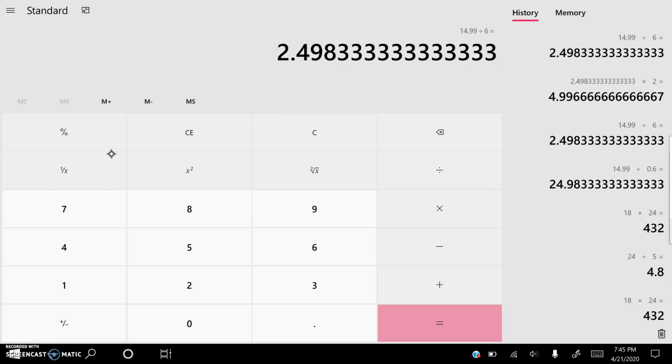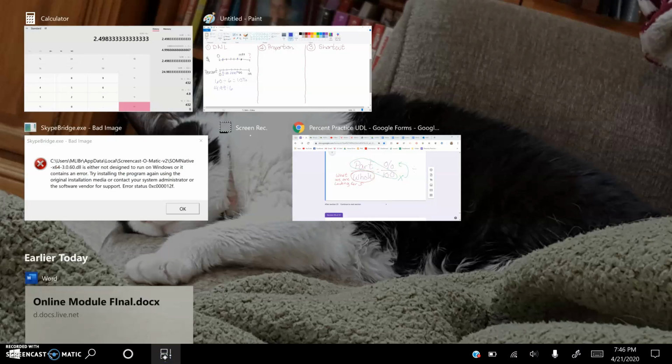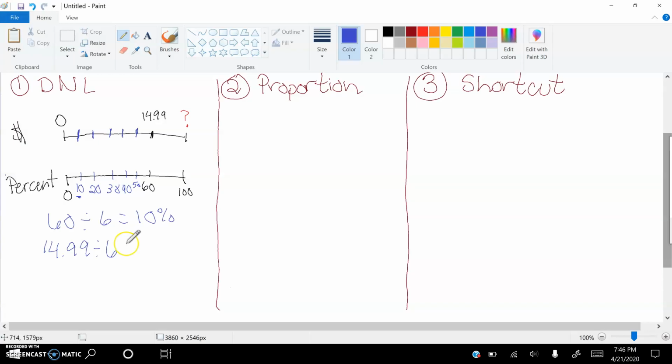I don't want us to get any rounding errors, so I'm going to go 3 places after the decimal. So 2.498. So every 10% is going to be $2.49, and then 0.08 of a cent.